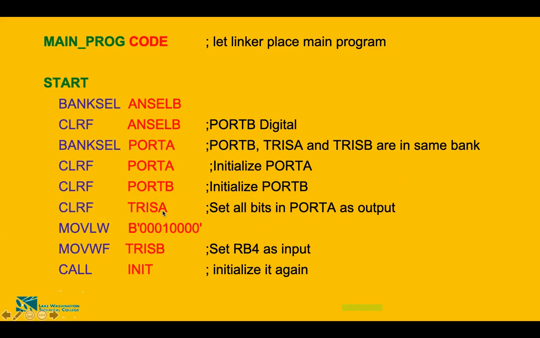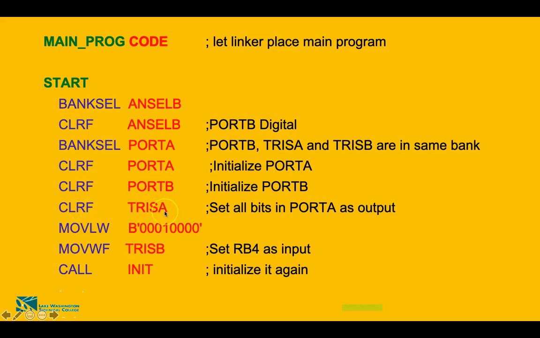So TRISA basically sets all the bits in your port A as your output. So these two are interconnected. I could have also written this way, like TRISA above this PORTB, then it could have been more clear that you have cleared the port A, and then you're clearing the TRISA also.